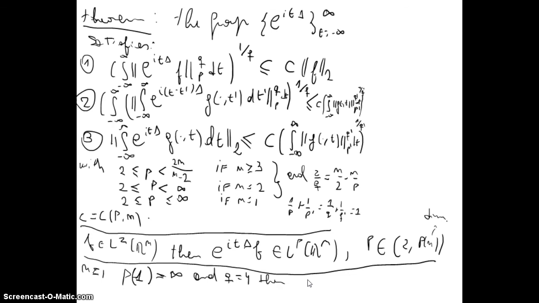Then for f in L2, we will have that, well, let's apply to this, the integral from minus infinity to infinity of the norm of e^{itΔ} f in L infinity to the 4 dt, to the 1 over 4, will be less than or equal to c times the norm of f in L2.